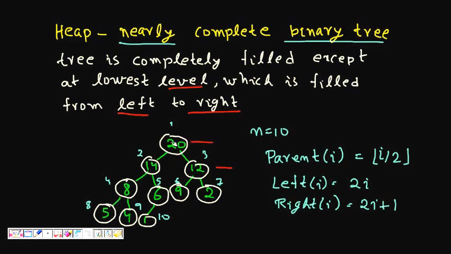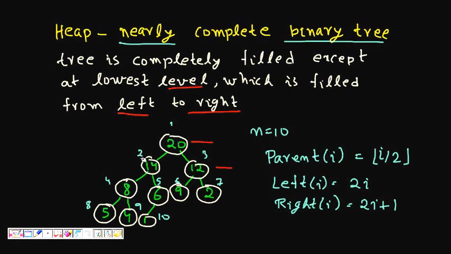In the first level it's filled completely, in the second level we have 2 nodes, so it's filled completely, in the third level also each node has 2 children, so it's filled completely, but in the fourth level there should have been 8 nodes, but we have just 3 nodes, and they are from left to right. So this is a nearly complete binary tree.